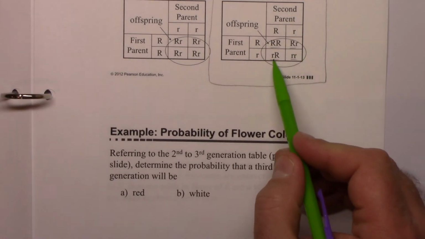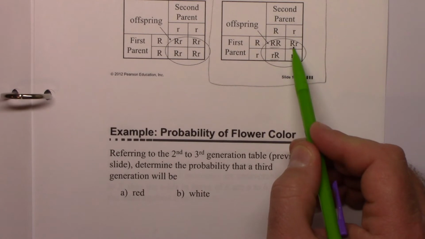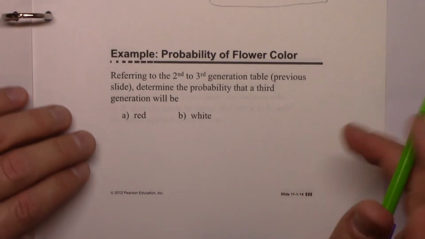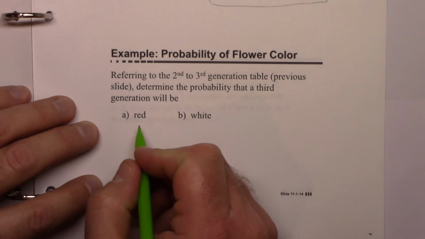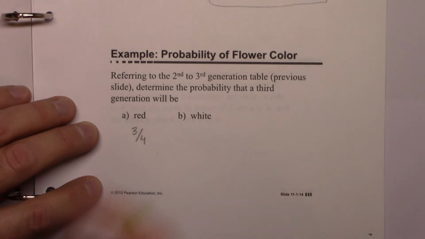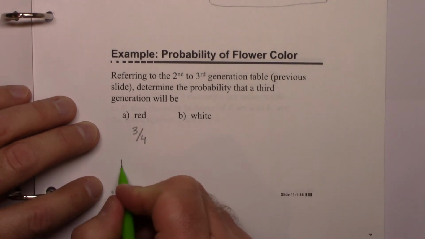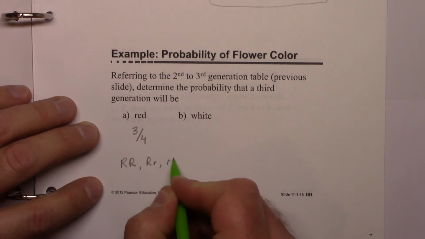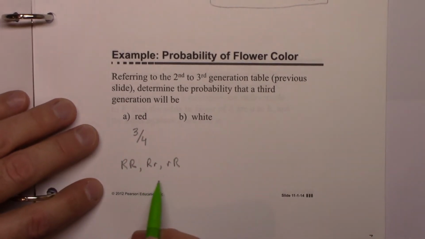Even the ones that have the white gene will still show up as red colored plants. So in this case, I'm going to list the probability as 3 out of 4, or 75%. And again, that's the pure red offspring or either of the offspring that have the red gene.